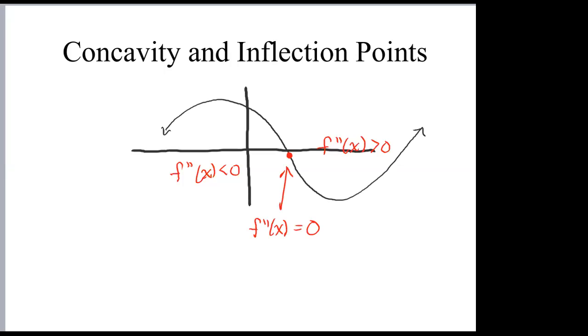And just like I have specific names for locations where the first derivative is equal to 0, I have a special name for this location where the concavity changes. I would call it an inflection point.